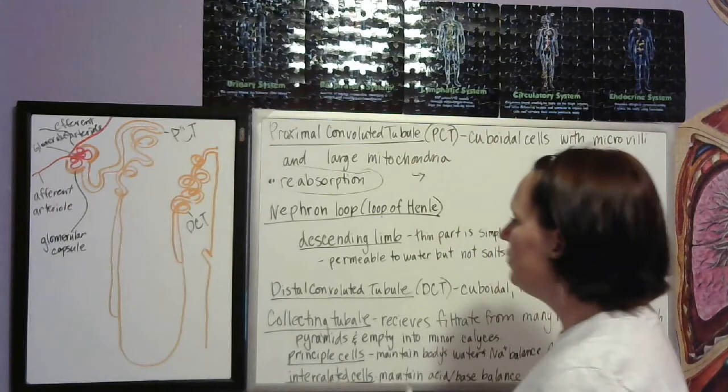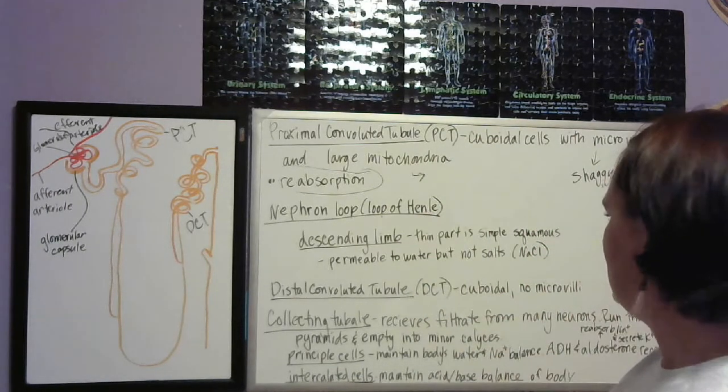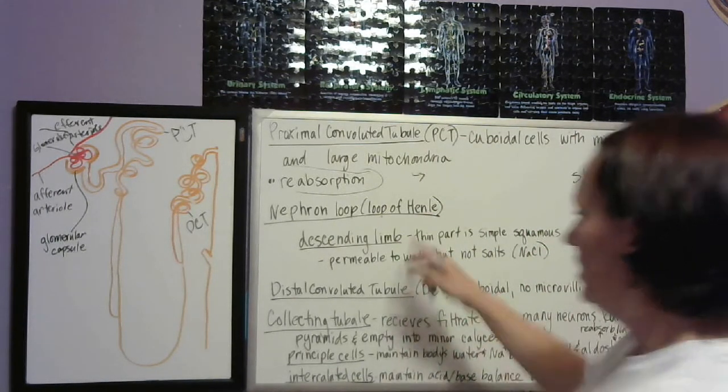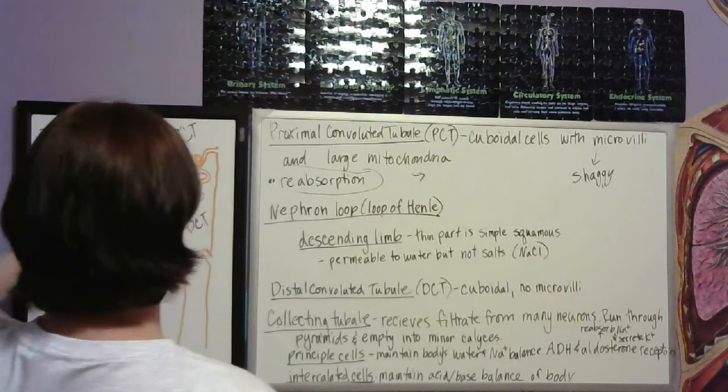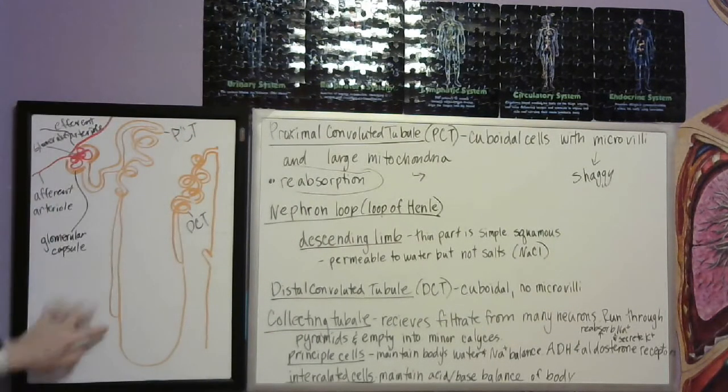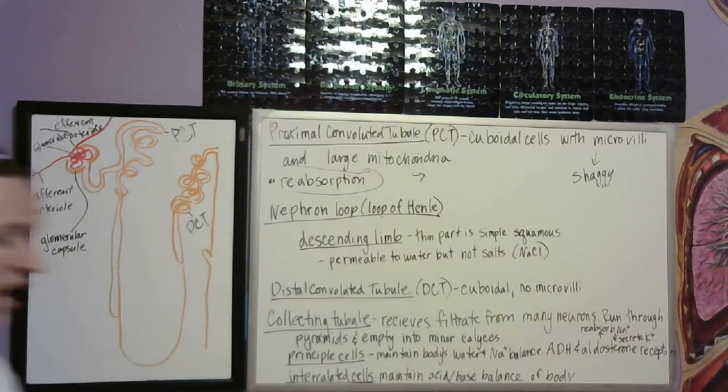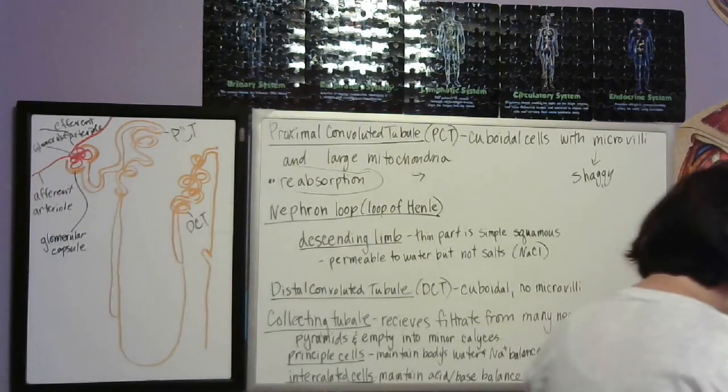It has two parts. The descending limb is the thin part coming down. The thin part is simple squamous, and it's permeable to water, but not to salts.